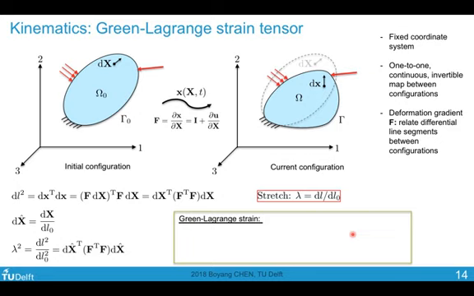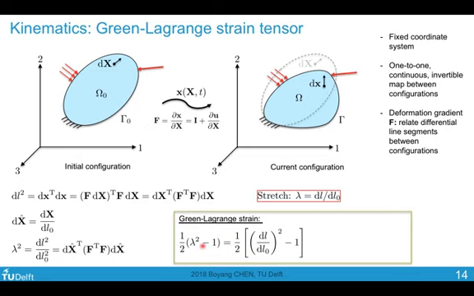In the Green-Lagrange strain, we directly use the expression of lambda squared instead of lambda to form a new definition of strain. In this new definition, the strain is equal to 1/2 times (lambda squared minus 1). Why this form? First of all, if we take the limit of lambda being 1, this expression is very close to lambda minus 1.